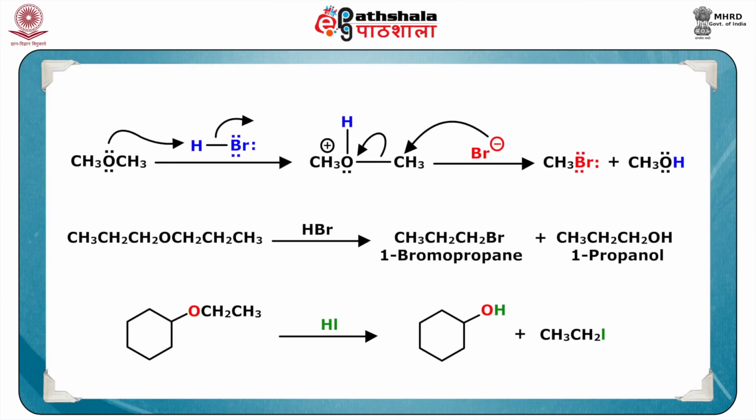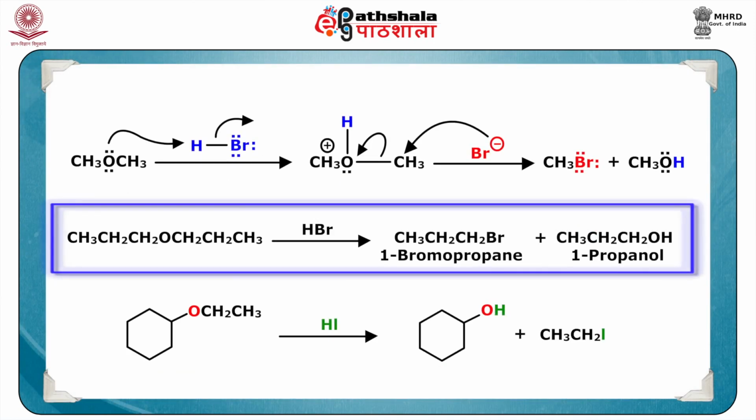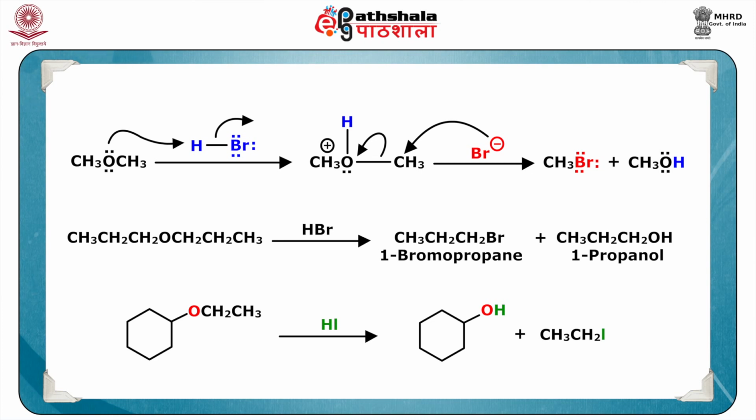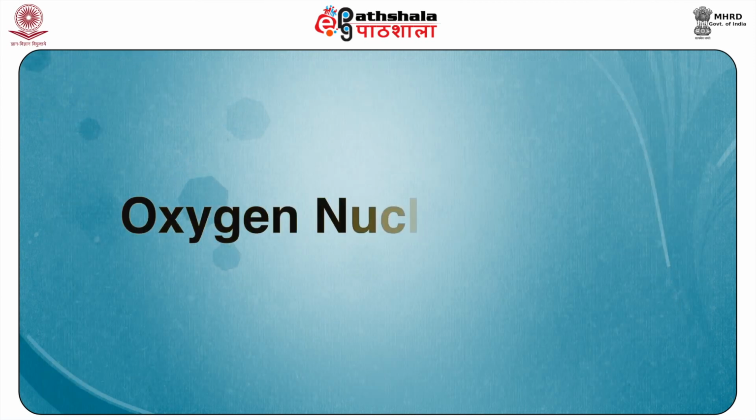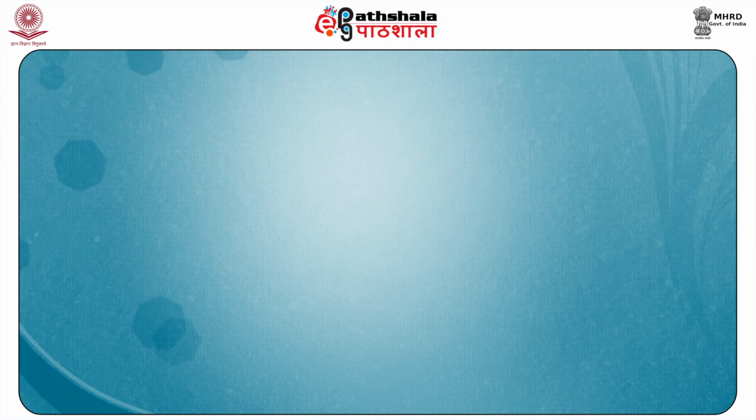For example, you can see the cleavage of this ether giving you 1-bromopropane and 1-propanol. Similarly, you have this ethyl cyclohexyl ether, which is giving you iodocyclohexane and ethyl iodide when it is reacted with excess of HI.